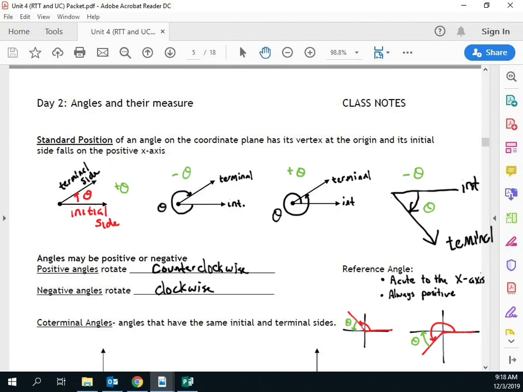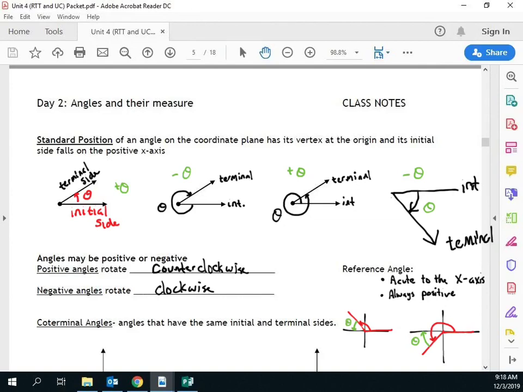Let's say I go over to 225. I'm at 225 degrees. What's the reference angle? How many degrees would it take me to get back to 180? What'd you say again? If I went 225 degrees to stop right there, how many more degrees do I need to go back up to get back to 180 that I've already passed? 45. So your reference angle is 45 degrees. Notice when I say reference, it's always going to be that acute angle, and it's always going to be the angle back to the x-axis.